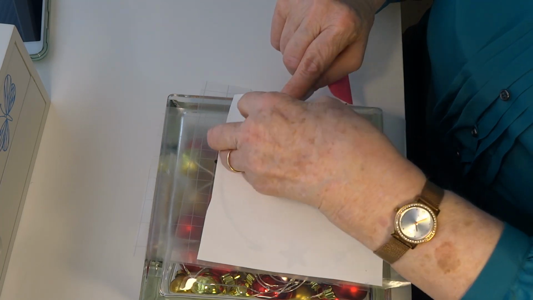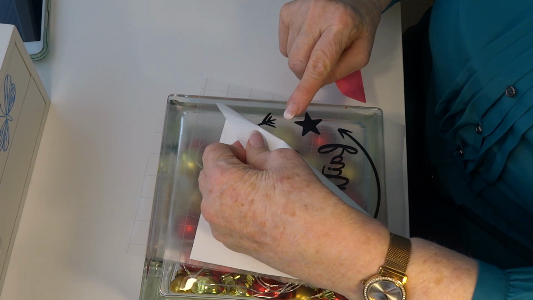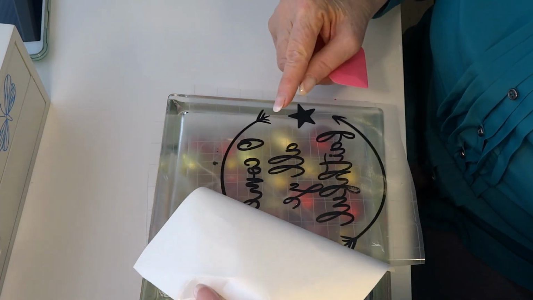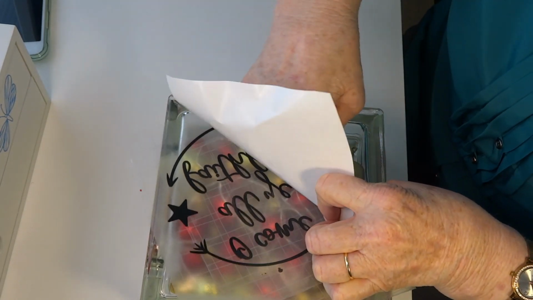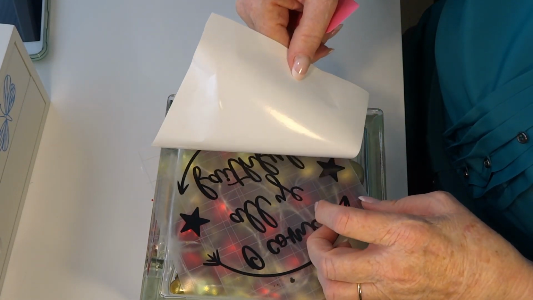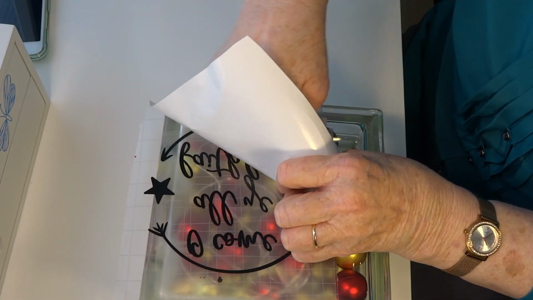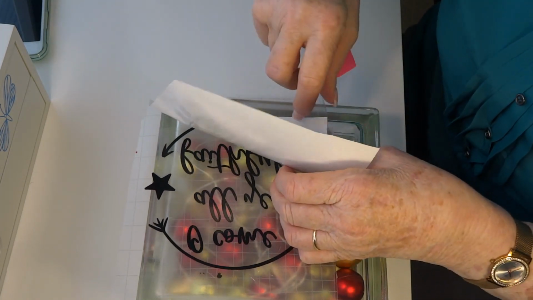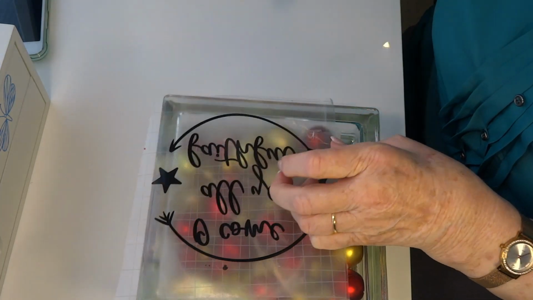It's going to be difficult, so I'm just going to put my finger in there and hold it down. There we go. Using the end of this arrow as well. It's fine if you take it off slowly, you don't have any trouble.